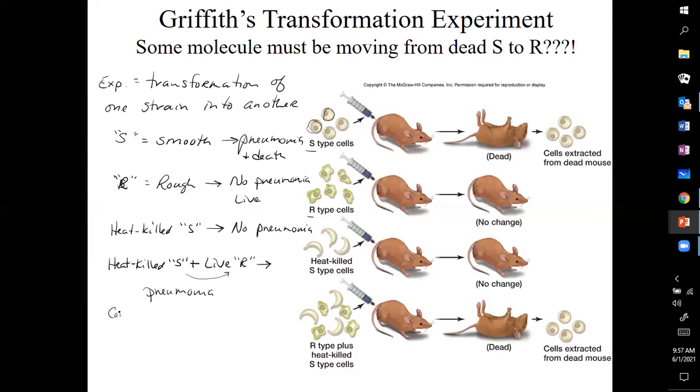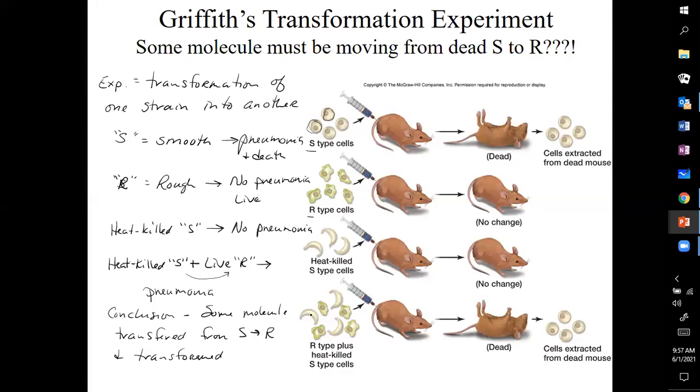So the conclusion was some factor or molecule transferred from S to the R and transformed it, changed the traits of the R. So this was Mendel's genetic factor.